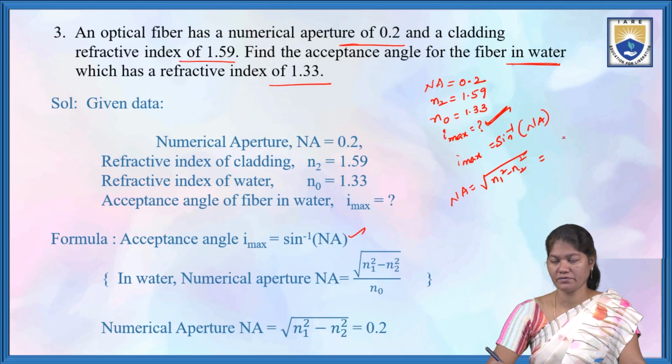When we take N0, the refractive index of another medium, then we use the divided-by-N0 formula.